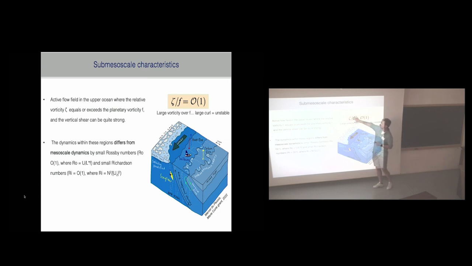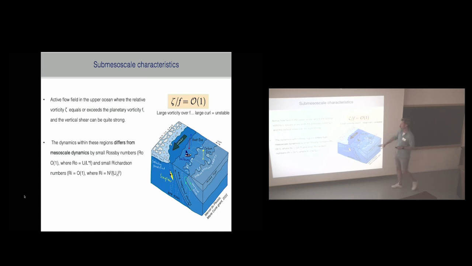And when this vorticity grows greater than f, these flows have large curl, and they become unstable. They're not able to be balanced by the Coriolis force and stay as a balanced flow. And so therefore they become unstable and decay and eventually become viscosity and turbulence in the ocean.